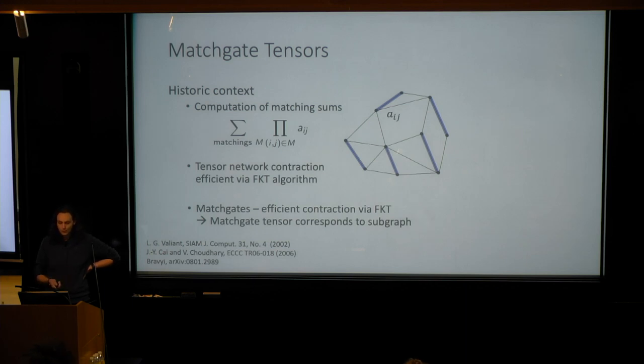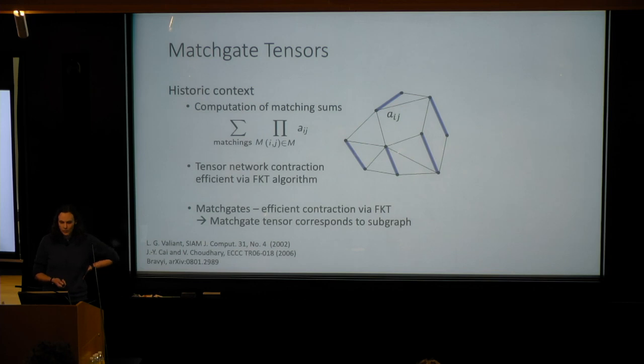And then for this matching, you can compute the matching weight, which is just given by the product of all the weights of the edges that are contained in this covering. And then if you sum over all matchings, this formula over here gives you the matching sum of the graph.